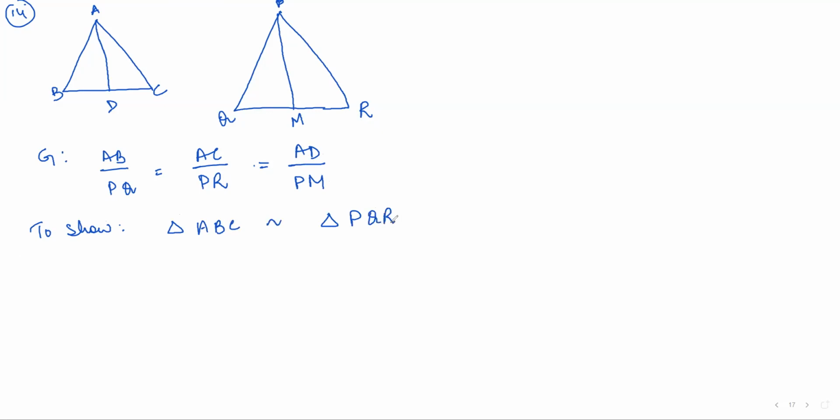We have just done another question like this, question number 10, if you remember. No, sorry, 12. In 12 we needed to show that triangle ABC is similar to triangle PQR, and here also we need to show. Now, what was given in 12? It was given that AB by PQ is equal to AC. So that's the difference.